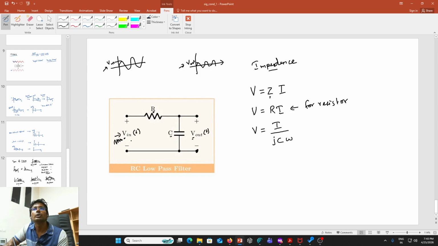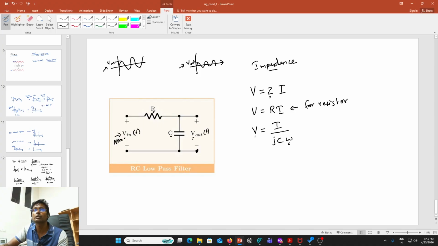If you're giving an oscillatory voltage, you are giving it at some frequency, right? This impedance depends on the frequency. If you give the input voltage, the voltage across that capacitor at higher frequency will have some impedance, and at lower frequency it will have some other impedance.